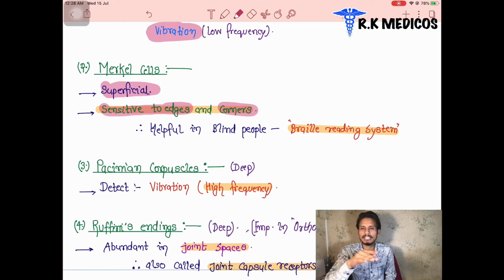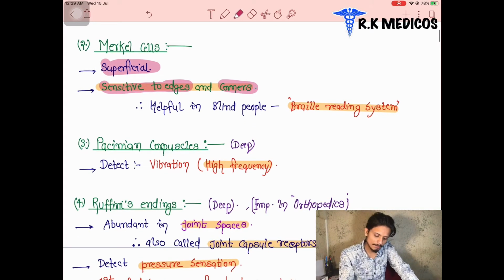So these edges of the rough structures can be felt and identified by blind people. And what receptors are basically working here? Merkel cells. The Merkel cells help blind people in their learning process with the Braille script system.